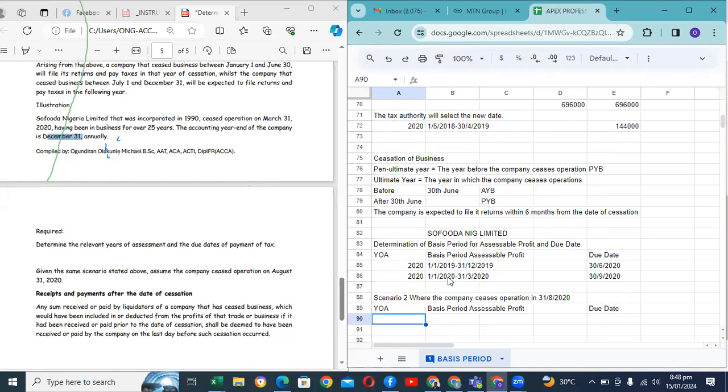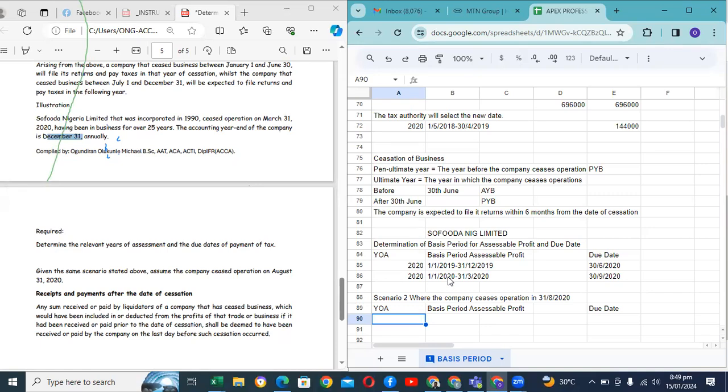Before you move to scenario 2, my question is on the due date of filing. I understand the solution very well, but the example you treated is a company. If it's an individual, does the due date for filing change? Is it still 6 months after the date of cessation?